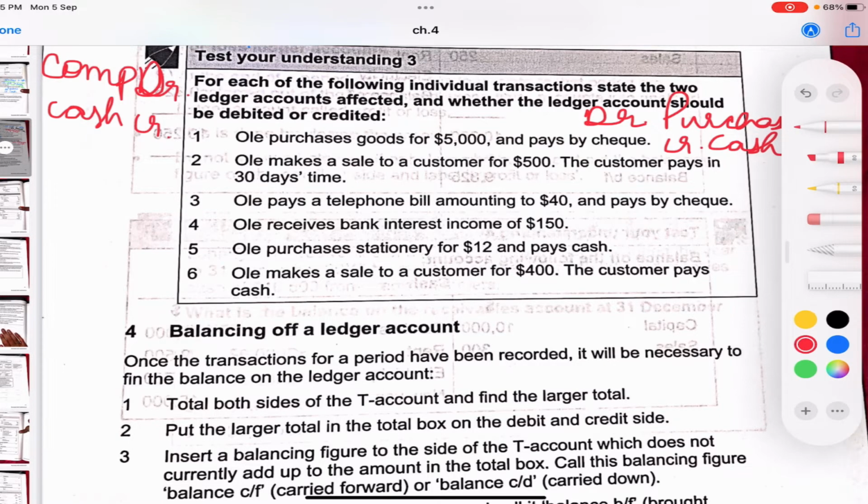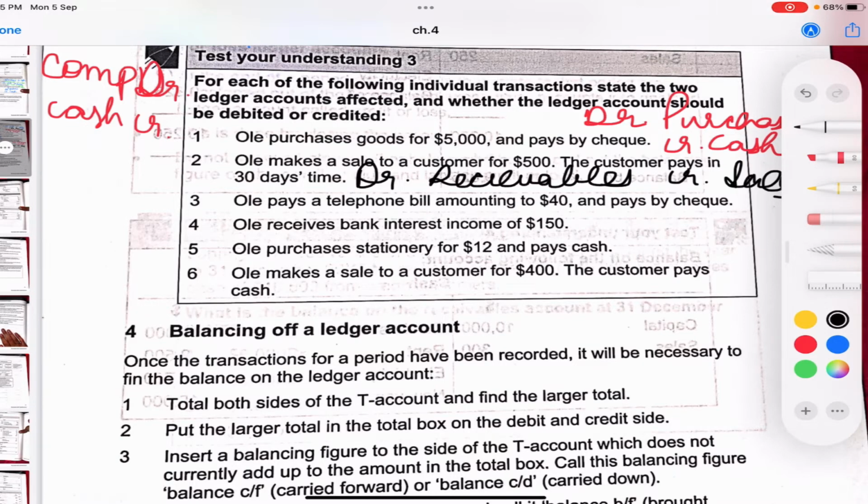Now, the second question, Ole makes a sale to a customer for $500. The customer pays in 30 days time. So what is this? Receivables. This is selling something on credit, right? So receivables account debit and credit sales. So debit is receivables and credit is sales.